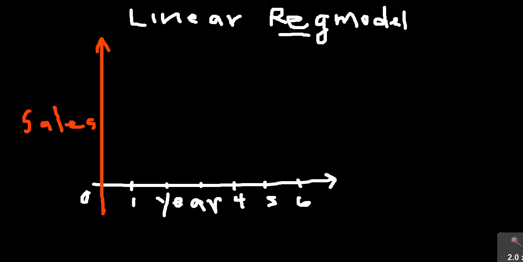Am I correct? Now the sales I am writing here as, for example, 10 lakhs, then after 1 year, 20 lakhs, after 1 year 22 or 25 lakhs, then afterwards 30 lakhs.